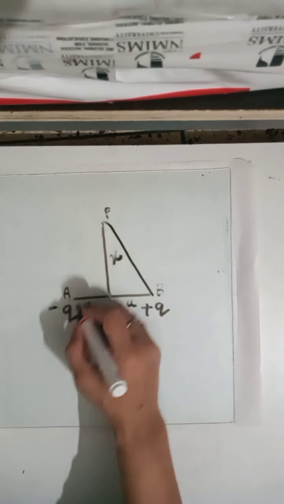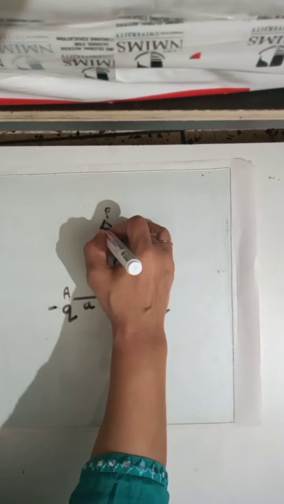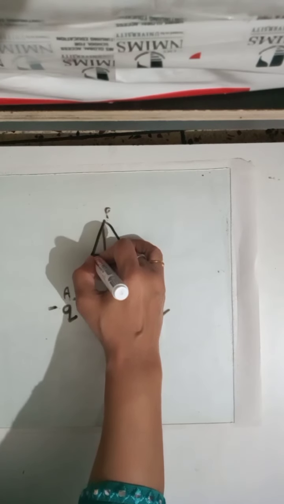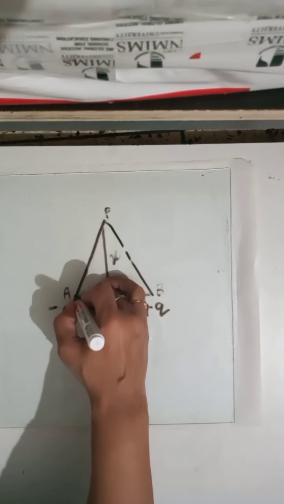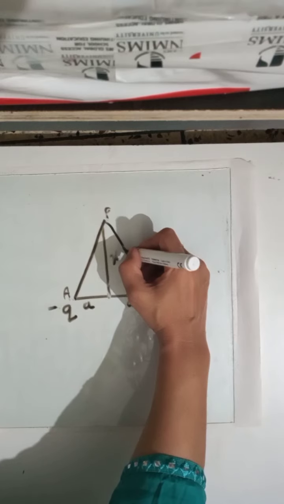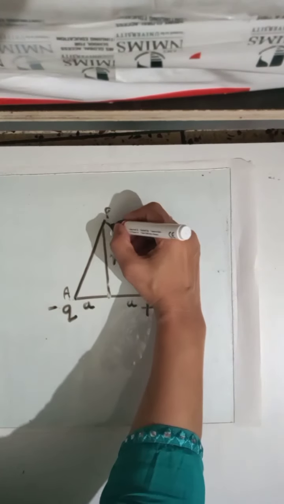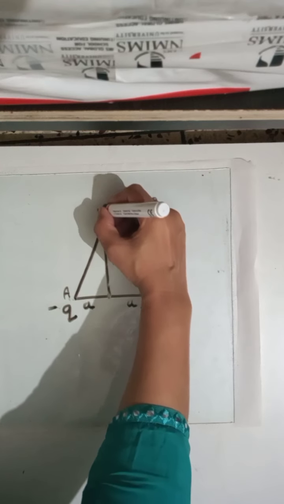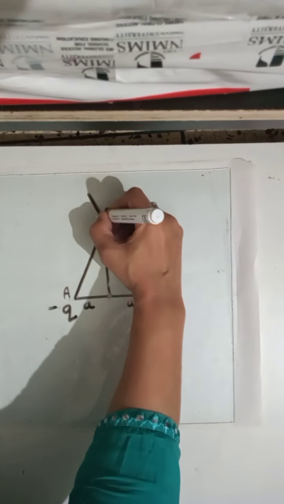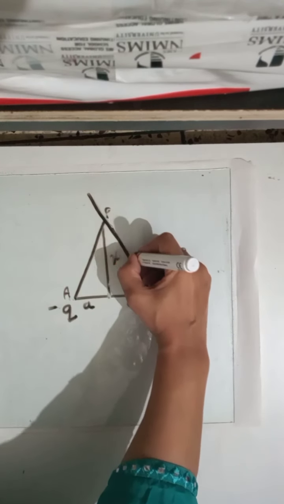Direct questions come from this one to determine the value of the electric field at a point on the equatorial line. Now extend this line. This must be a straight line, no gap should be there.